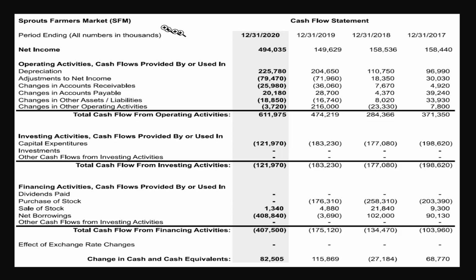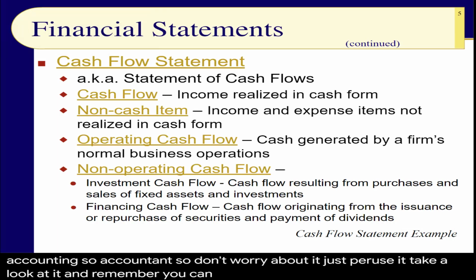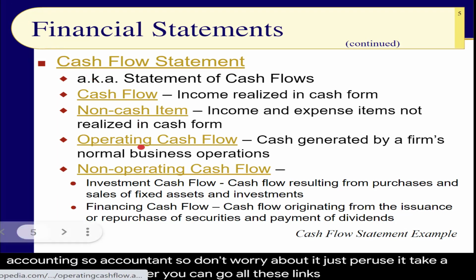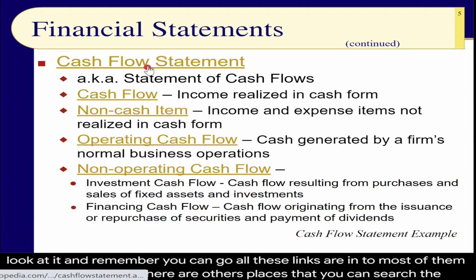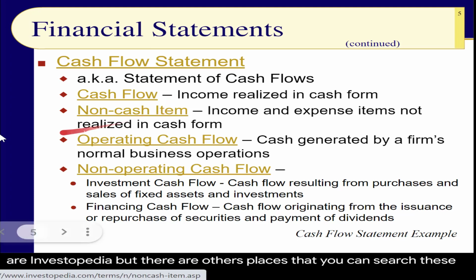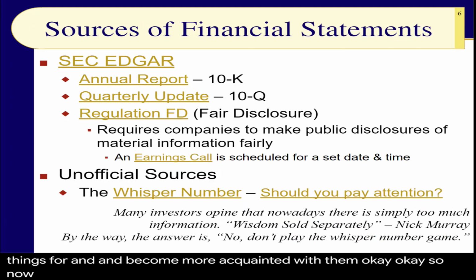And again, we're not making you accountants, so don't worry about it. Just peruse it, take a look at it, and remember you can go to all these links. Most of them are Investopedia, but there are others, places where you can search these things and become more acquainted with them.